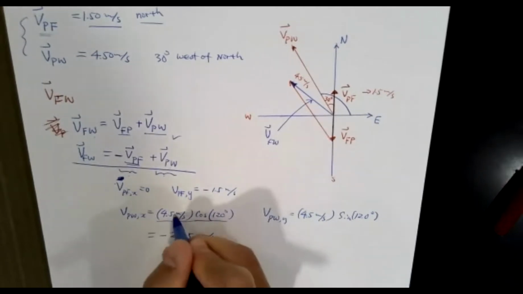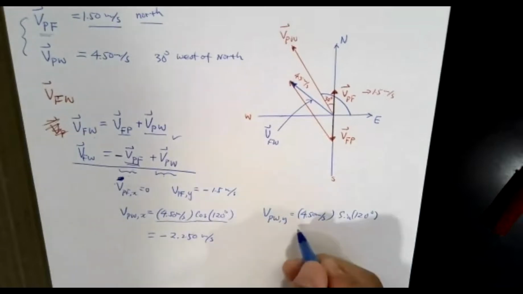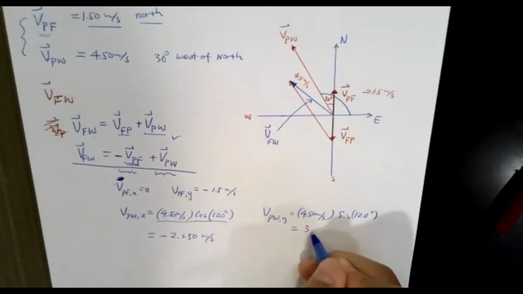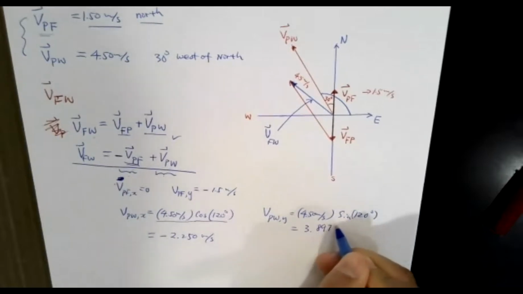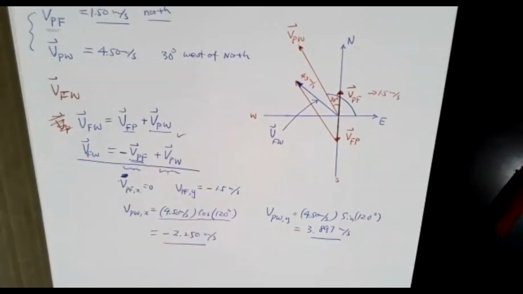Let me put one extra digit here because it's given in three digits. This one gives me positive 3.897 meters per second. So that is the x and y component of the second vector.